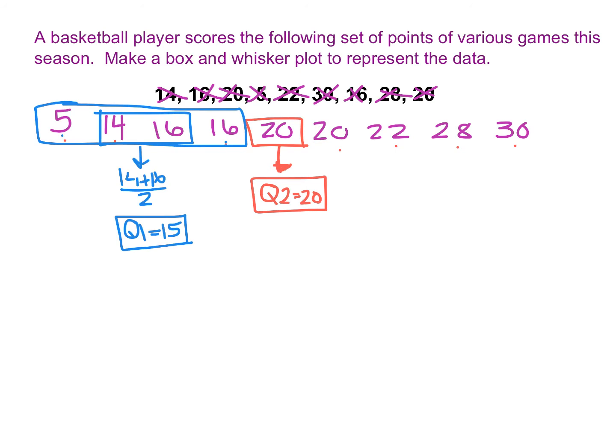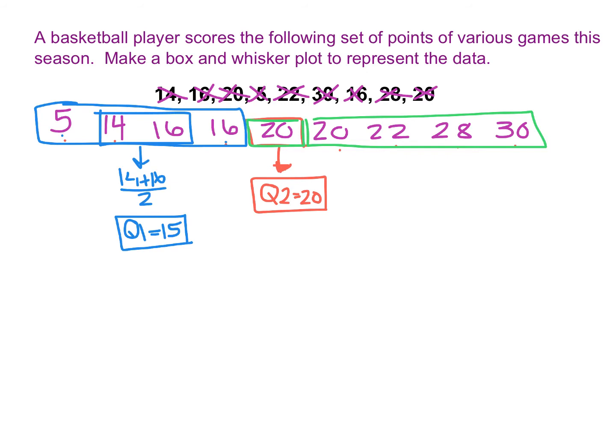Then from here, we look at the top half of the data, so above the median. Again, remember, if we have one single median, we just focus on the numbers to the right and to the left. If there are two numbers that we average to create our median, we put one in the top and one in the bottom for our Q1 and Q3 values. But with it being right in the middle here, we don't need to do that. We can just focus on above the median and below the median.